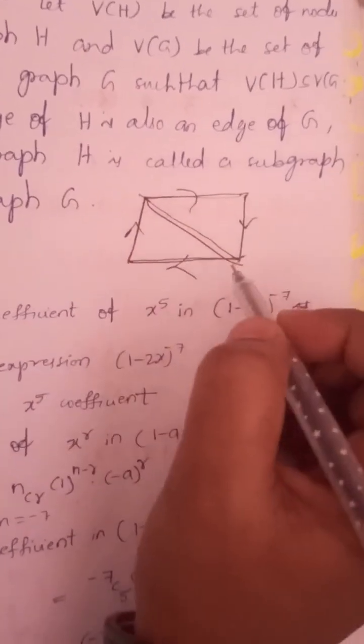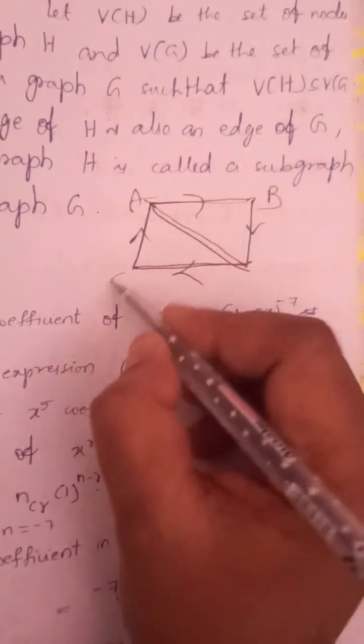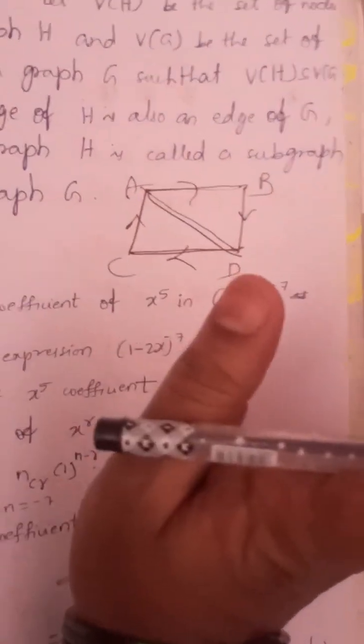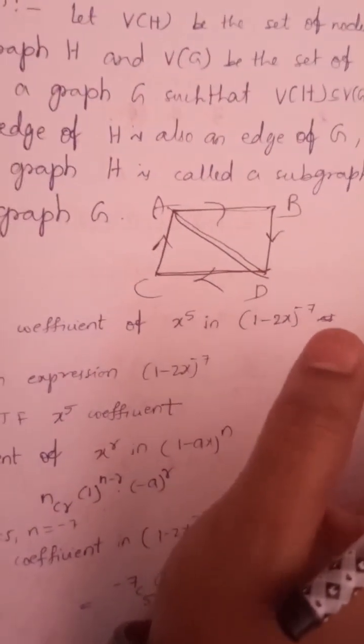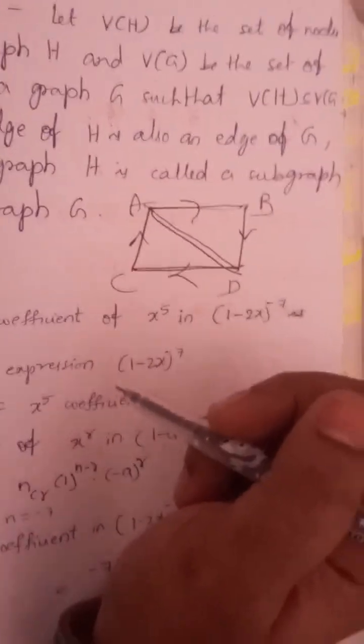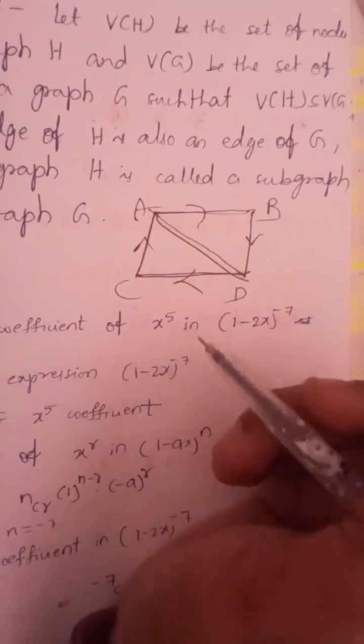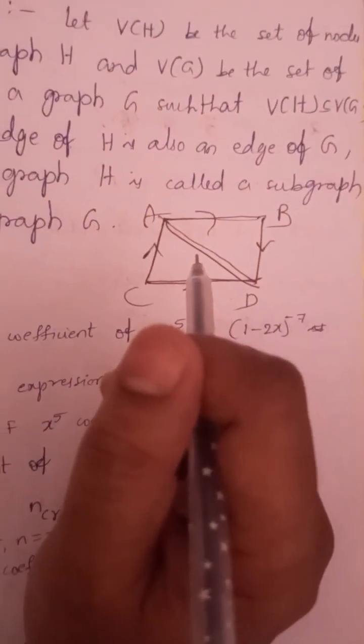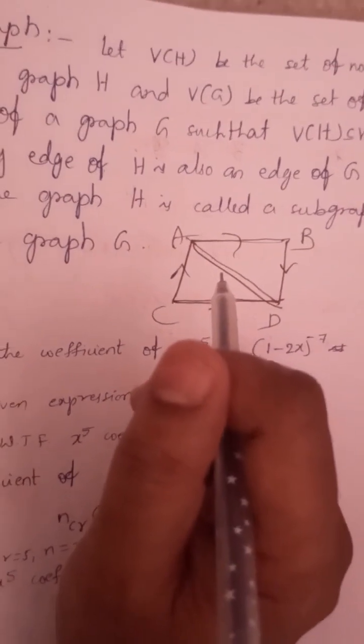This is also a subgraph. A, B, C, D. If we take ACD, the graph is a subgraph of ABCD, and the ABD graph is a subgraph of ABCD. Like that we can say every edge is also an edge of the main graph. Then that particular graph is called a subgraph of the main graph. It is very clear and very easy to understand. No need to worry about this.